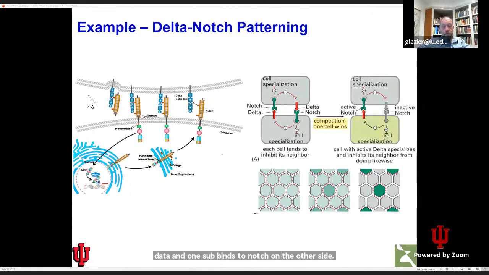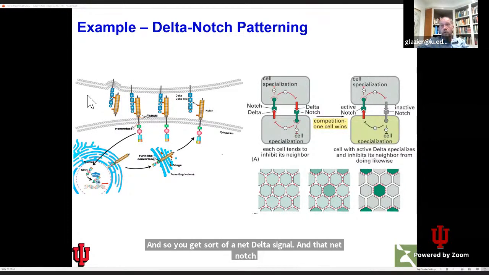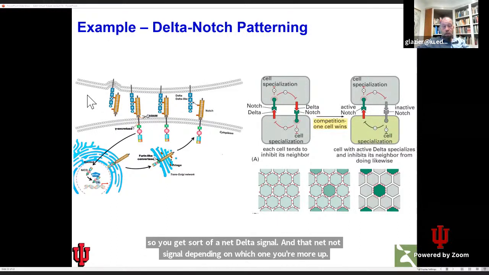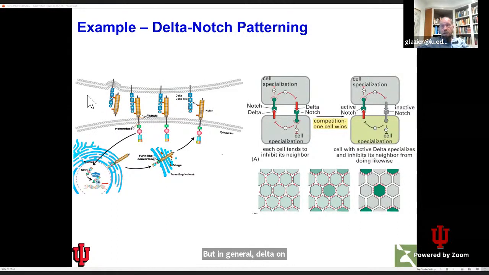And it can get a little bit complicated because you have delta and notch on the same cell, and they can actually bind to each other in the membrane on the same cell and then disable each other. And so you get sort of a net delta signal or net notch signal, depending on which one you have more of. But in general, delta on cell 1 binds to notch on cell 2.